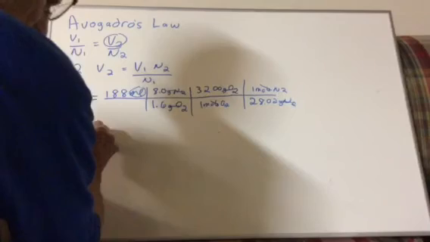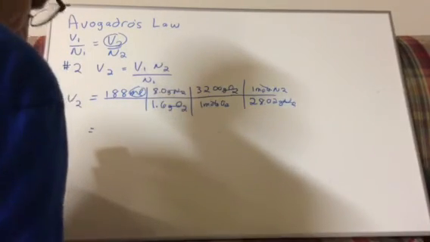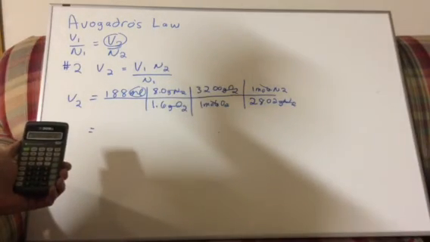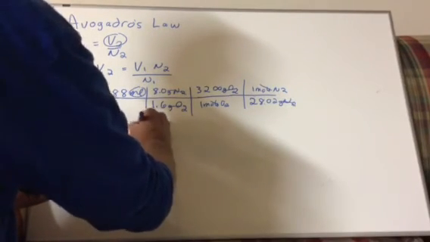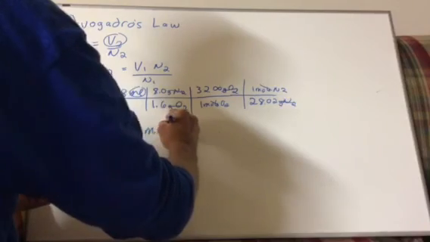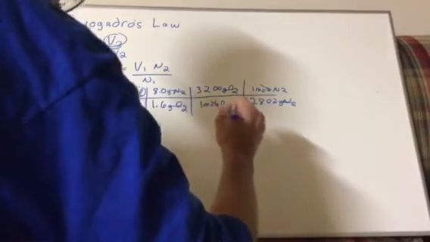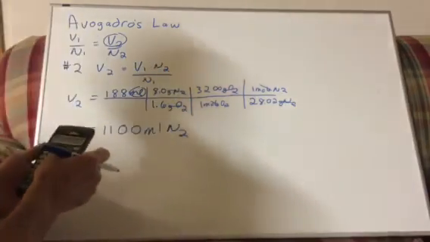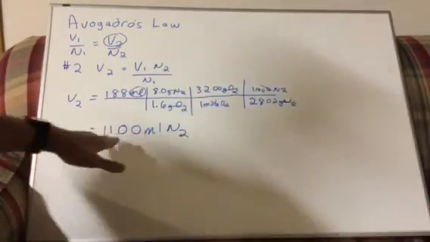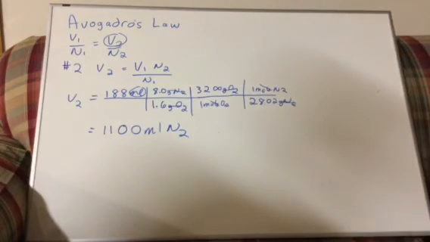But if I go back to the original problem, there's only 2 significant digits. So it'd be 1100 milliliters of nitrogen. That was the gas we're after. On the key, it had 110 for those who started early, but it's actually 1100 milliliters of nitrogen.